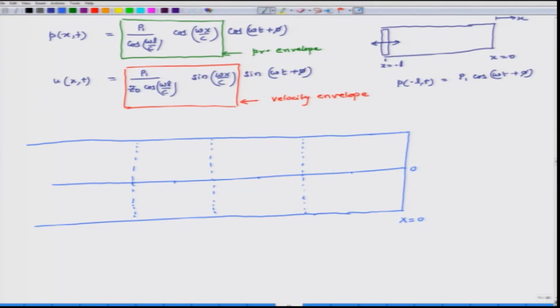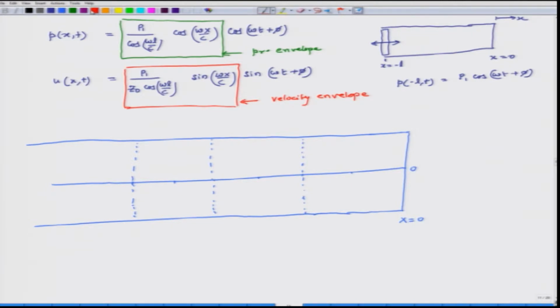And what we see is that the value of this pressure, the term in the green box, is P1 over cosine omega L over C at x is equal to 0. At x is equal to 0, it is P1 divided by cosine omega L over C, and the value of the envelope for velocity is 0 at x is equal to 0.